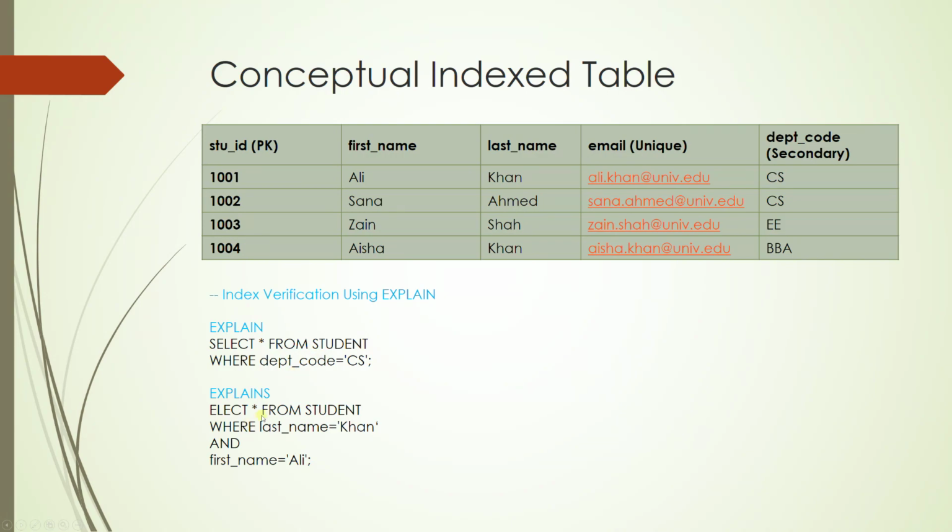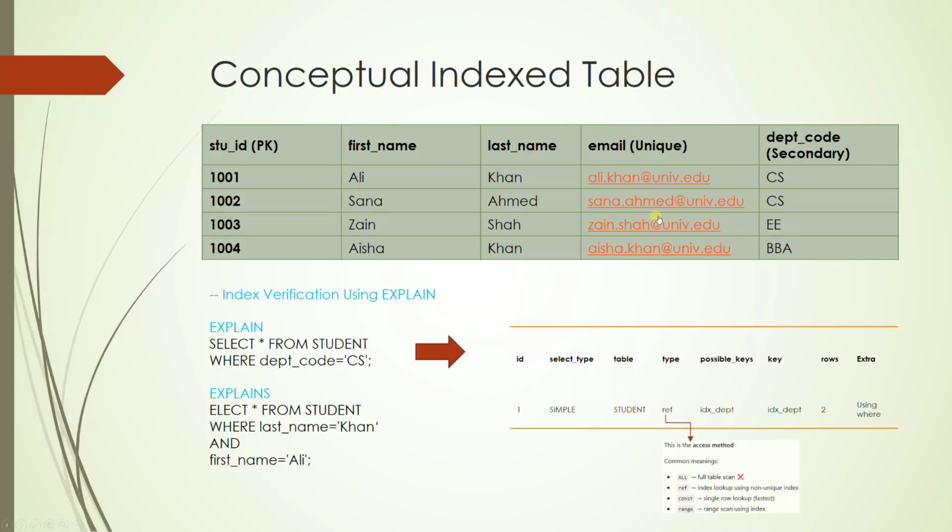And similarly, if I am retrieving the data where last name is equal to Khan and first name is equal to Ali, in this case only one record will be accessed, and in the case of CS, two records, because we have two records. So two records will be searched and the other two will be skipped.